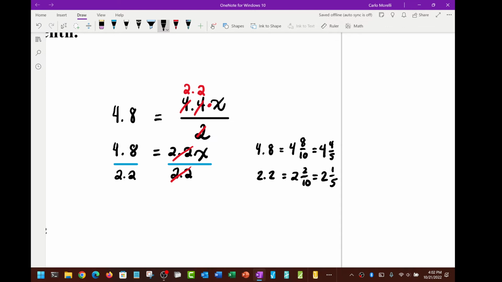And to make these improper, we multiply the denominator times the whole number plus the numerator and write that over the denominator. So this is going to be 24/5. And this is going to be 11/5.